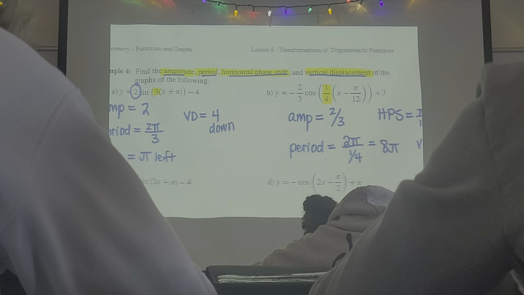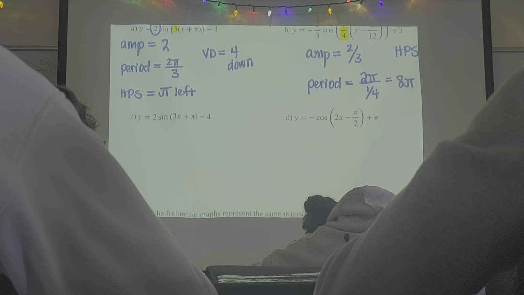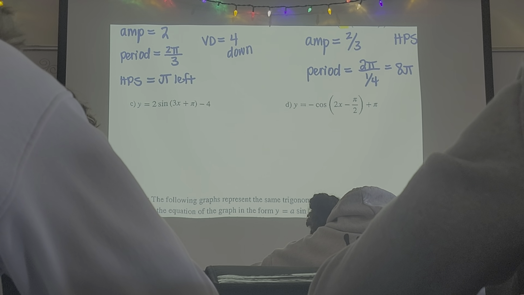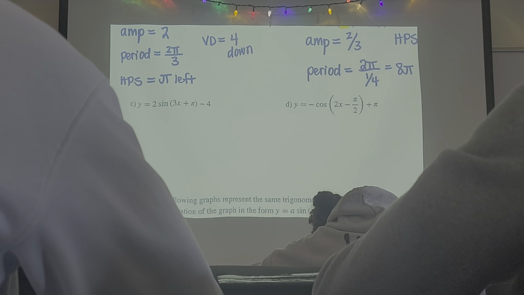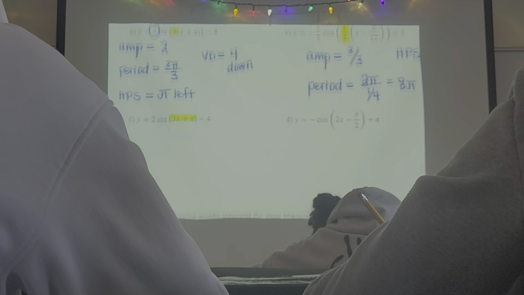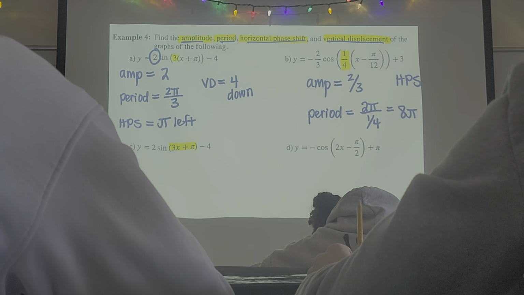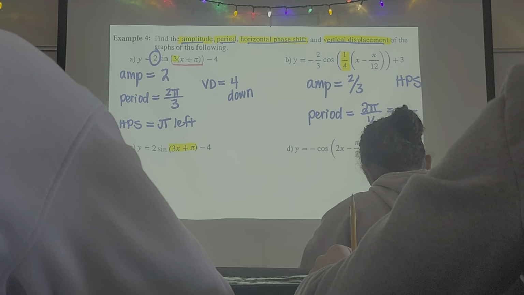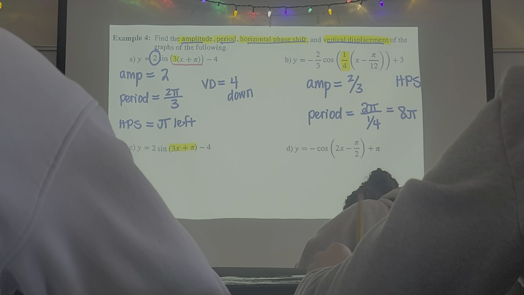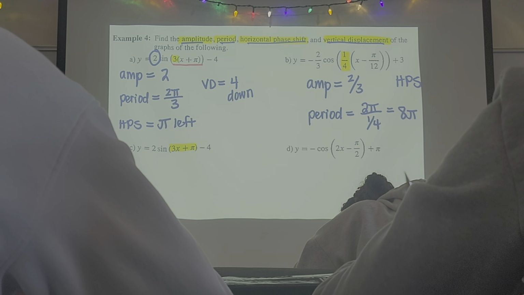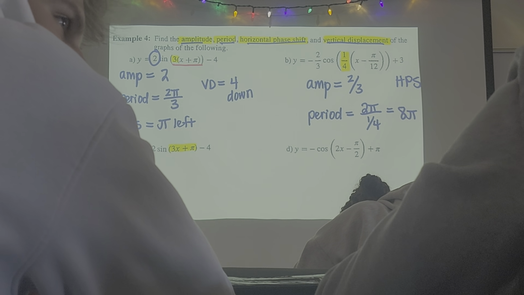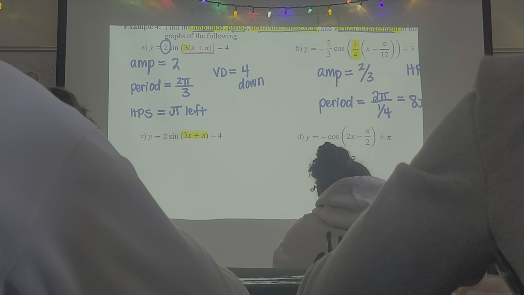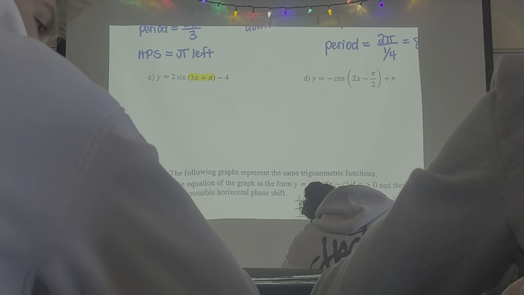All right, our next 2 are different. Remember your transformation unit, when we needed our b value to be factored out. Here we have 3 times x plus pi, but here it's 3x plus pi. So just like our transformation unit, we have to factor out the 3.